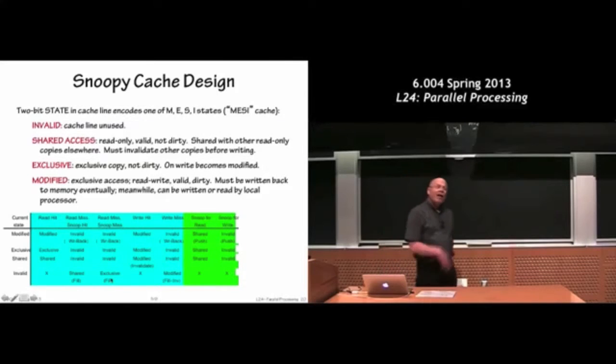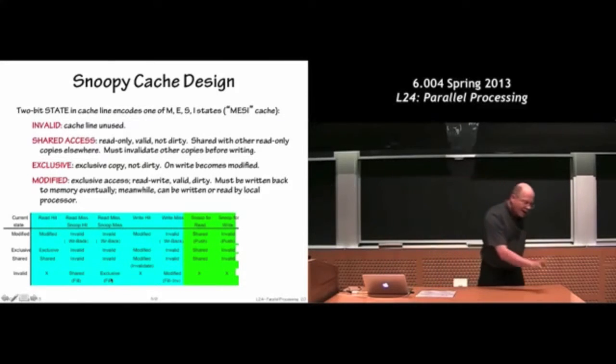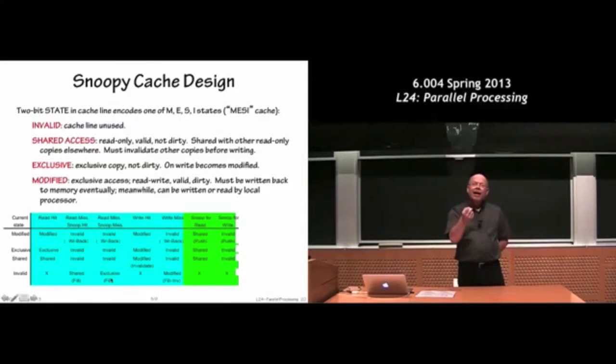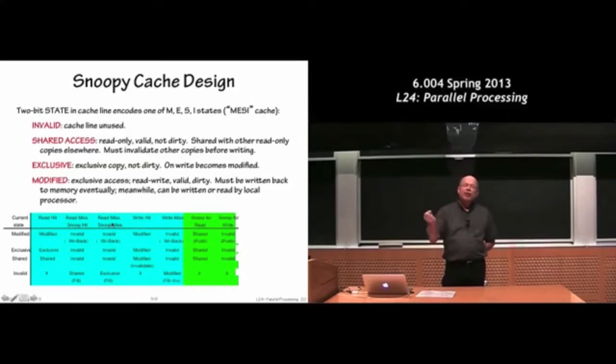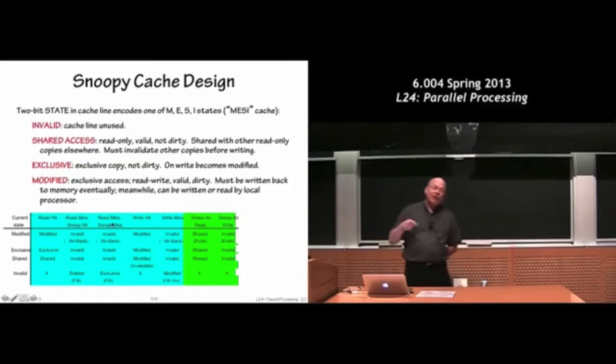I, as the first person to read x, go to memory, read x, and I now have it. I didn't hear from any of the other caches. Every time I fetch something, the other caches are reporting to me if they have a copy. I don't really care who has a copy. I just want to know if there's another copy out there. So the snoop miss means I missed in all the other caches. All the other caches say, I don't got it. Now I know I have exclusive use.